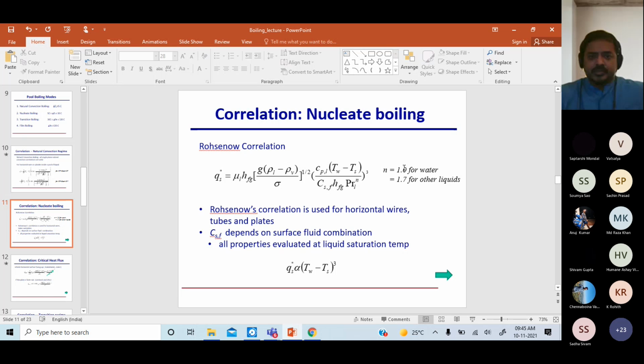One thing you can see is it is proportional to delta T cubed. Remember, the heat flux is proportional to the cube of the temperature difference between the solid surface and the water temperature. That is quite remarkable, right?